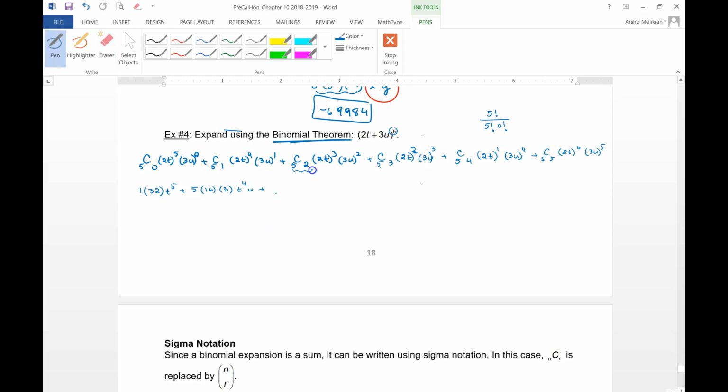Let's do this here. This is the first number factorial, 5 minus 2, 3 factorial, 2 factorial. And I'll show you how to put factorials in your calculator as well. So here we are going to do 10 times 2 cubed is 8, 3 squared is 9, t cubed u squared.